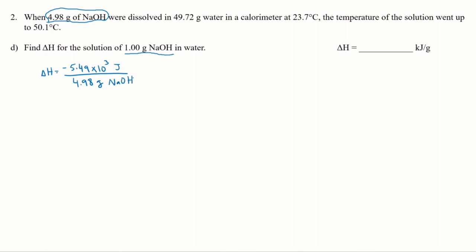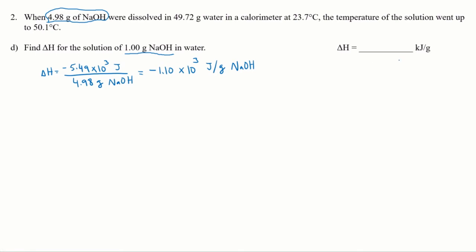So if we take the change in enthalpy from C divided by the mass of sodium hydroxide that this energy was given off from, we will get units of joules per gram. And this will give us a value of negative 1.10 times 10 to the 3 joules of energy per gram of sodium hydroxide.